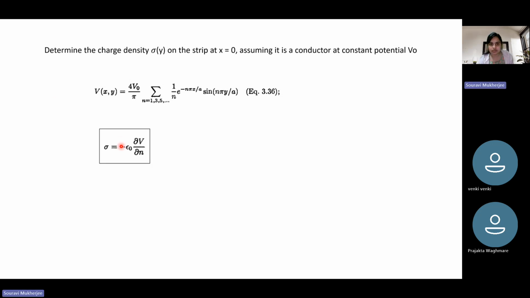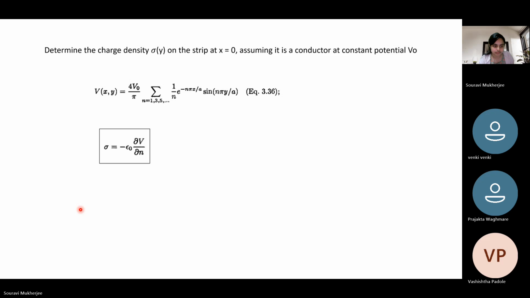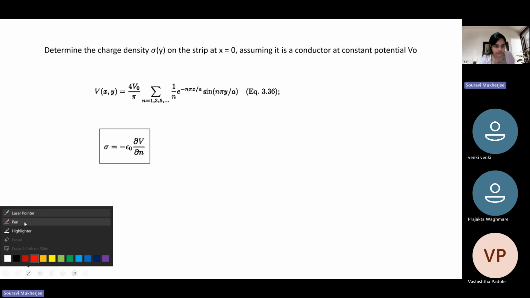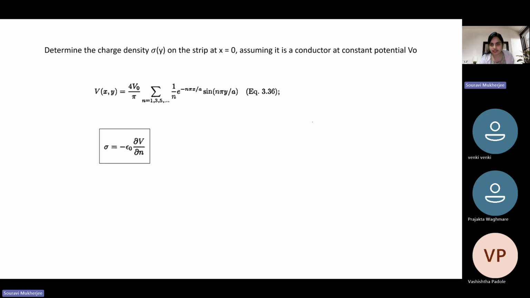So basically what it is telling us is that we have a region, and we know the potential here. This is your potential V(x,y), which you find by making use of your Laplace relation, right?